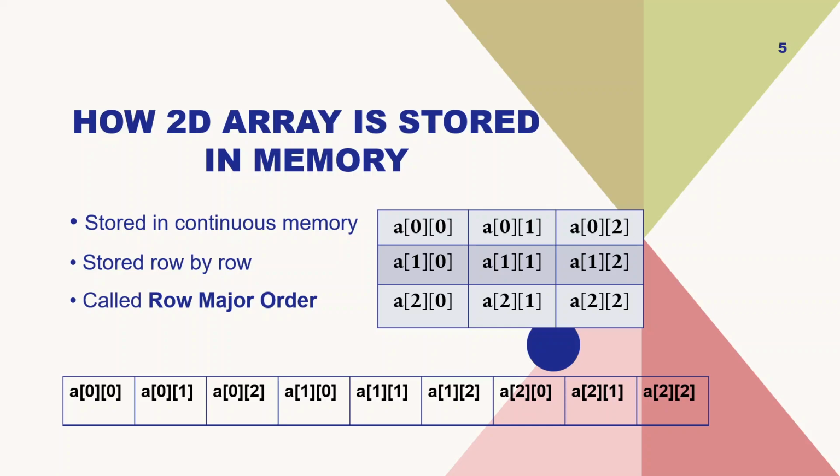Now let's see how 2D arrays are stored in memory. There are two main techniques to store a 2D array in memory. The first one is row major order and the second one is column major order.